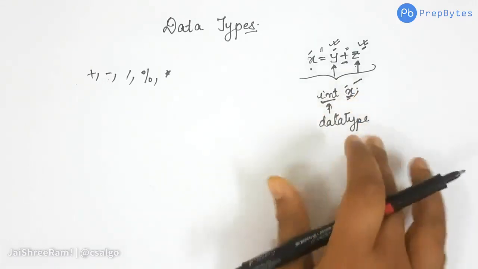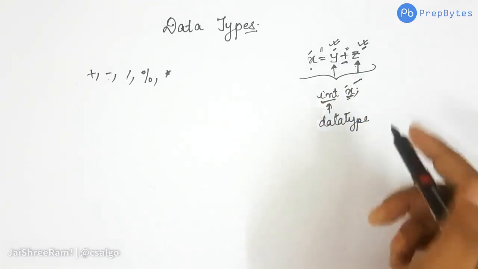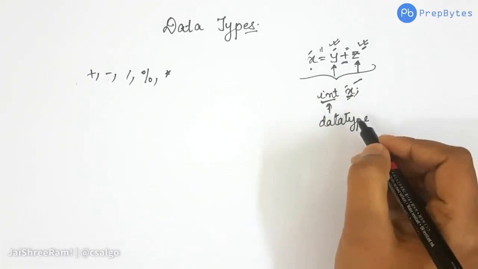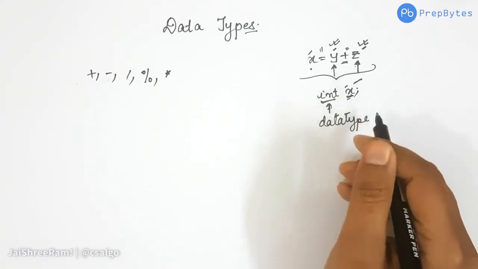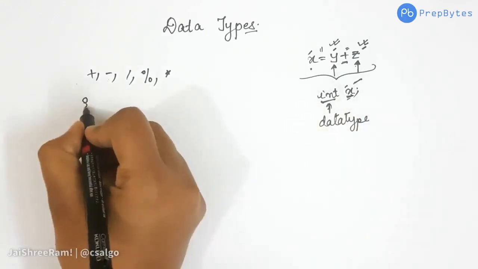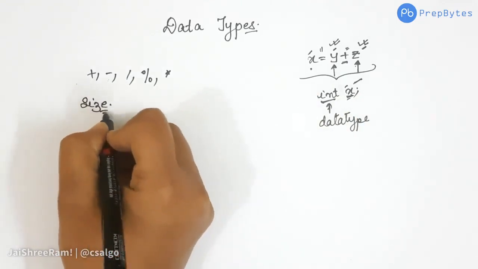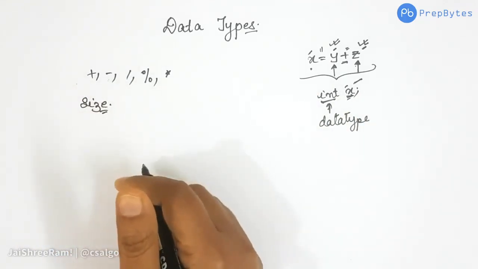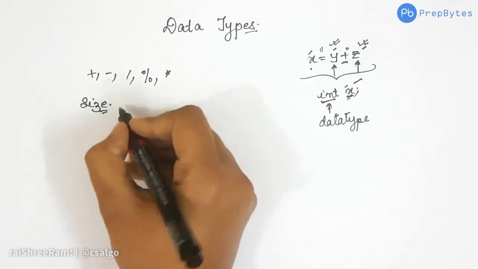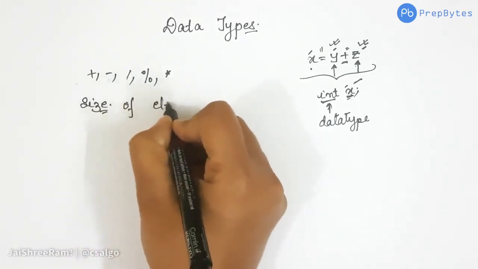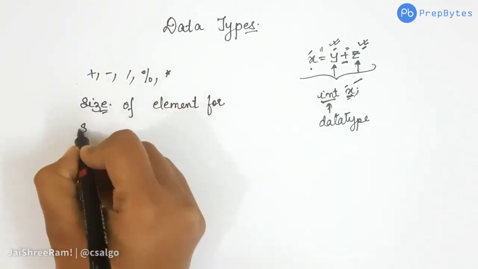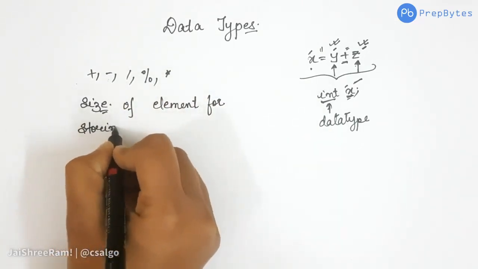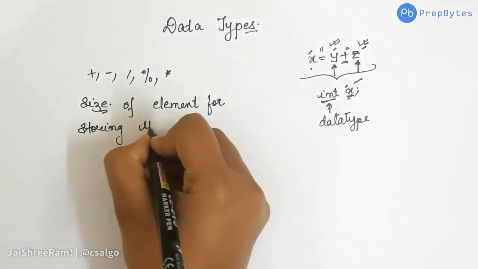Another thing is that these variables have to be stored in memory. When we are storing anything in memory, we need to know the size. I'll repeat, we need to know the size of the element for storing them in memory.